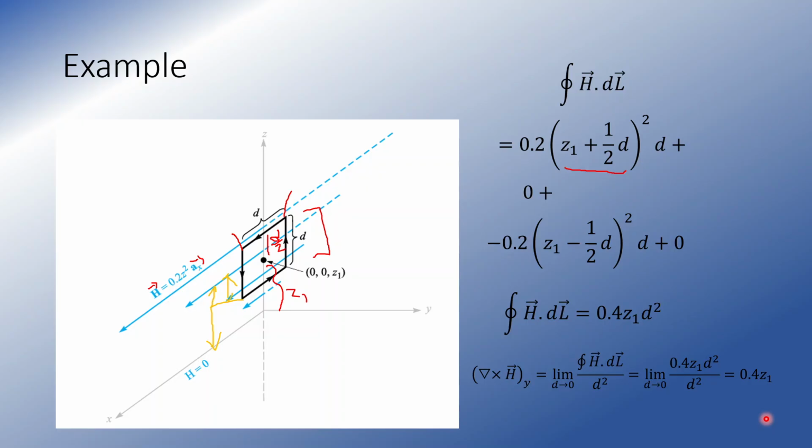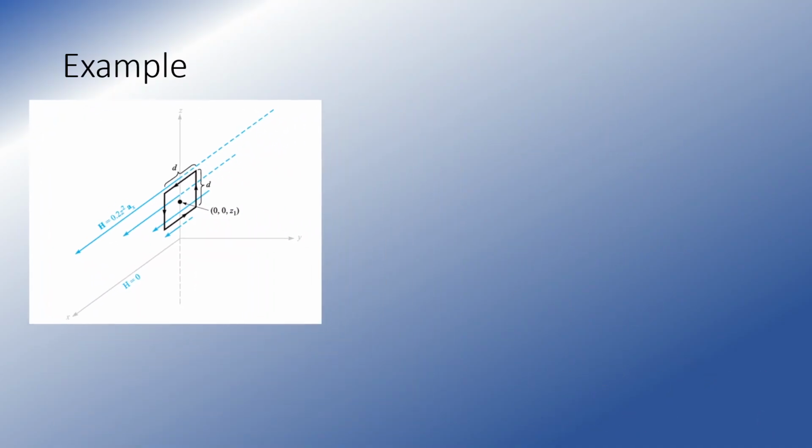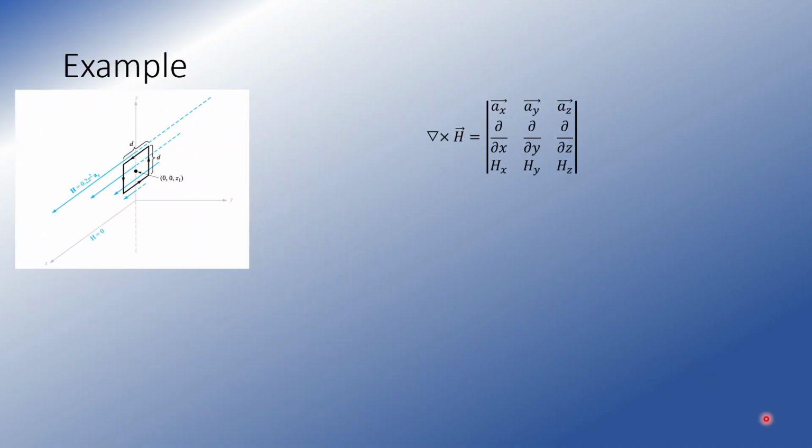Now, the same value we should be getting with the help of the determinant. Let us verify. The application of the curl says that we should get the same answer, that is del cross H should be 0.4 z1 ay in the y direction by using the determinant.